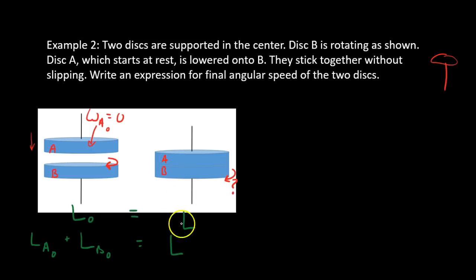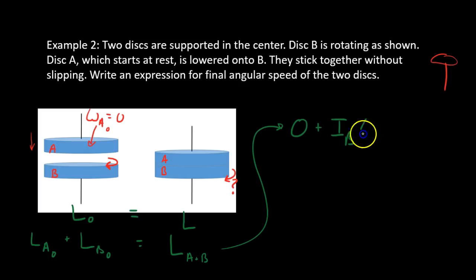This is like an inelastic collision. They now are going to spin as some object, and we're going to try and write an expression. So I'm going to go right here. What's LA? What's the initial angular momentum of A? Well, it's 0. The initial angular momentum of B is going to be IB, that rotational inertia, times its initial angular velocity.